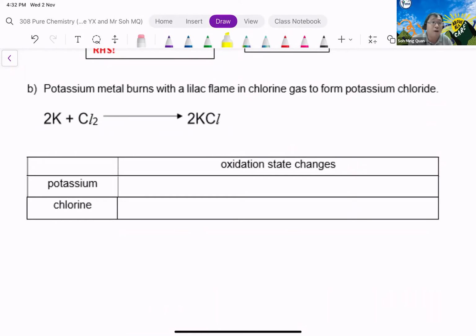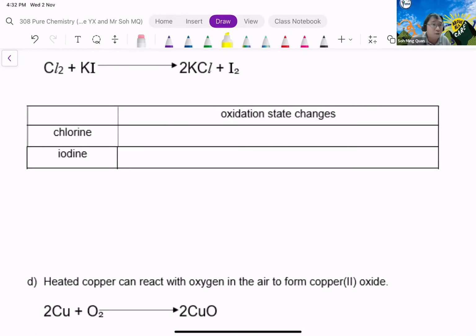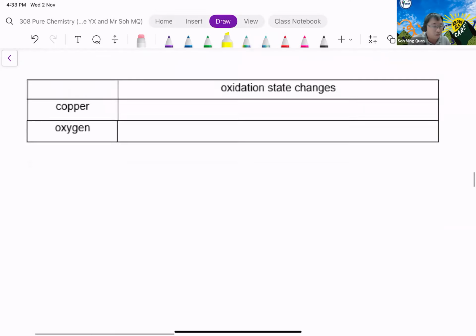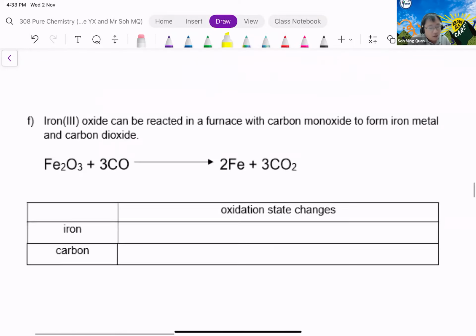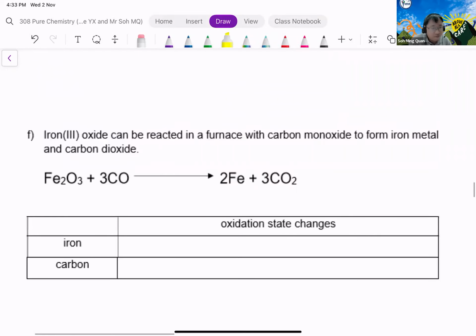Of course, you can also ask me to check later once you have finished. These questions are not difficult because they typically only involve a few elements, and I've even worked out which elements you should calculate oxidation states for. Let's turn to this page. This is page 11. Can you go to part F?